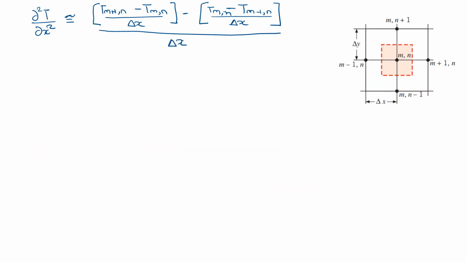So our del square T by del x square after substitution will be T of m plus 1 comma n, which was nothing but del T by del x at m plus half comma n, minus this, which was nothing but del T by del x at m minus half comma n, divided by delta x.